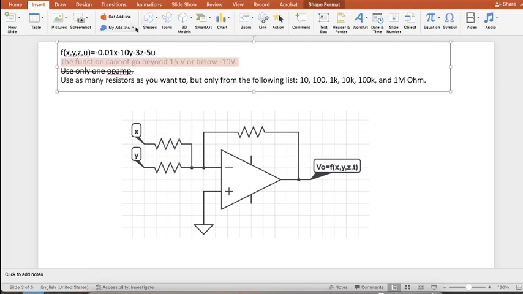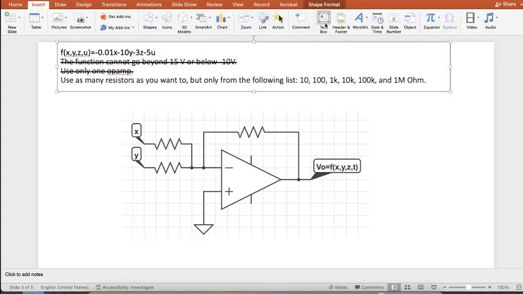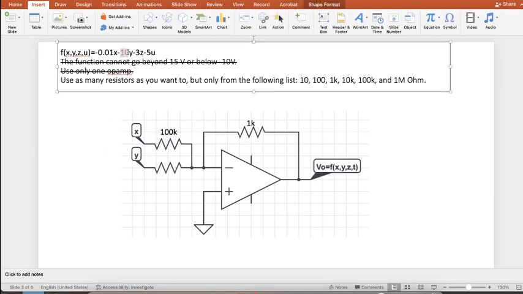And I'm going to consider that we took care of this, even though now it's not drawn there, I'm sorry. And I'm going to consider that we did the 1K and the 100K. So I'm going to put a 1K here again. And I'm going to put a 100K on the X, but now for Y, it's 10 times Y. So now instead of 100K, I'm gonna use here 100 ohms.